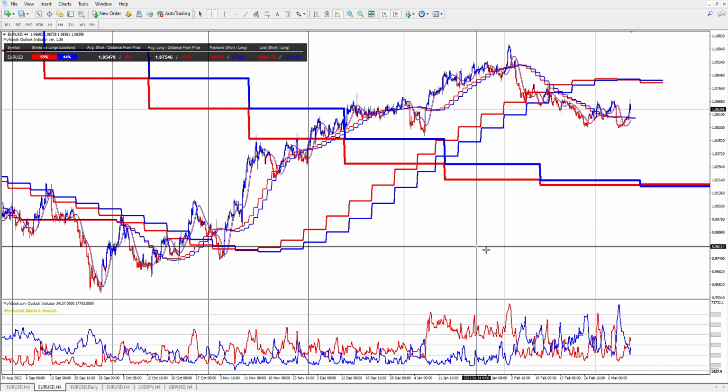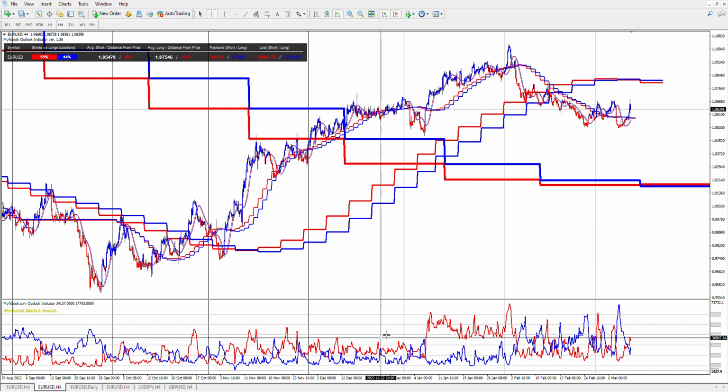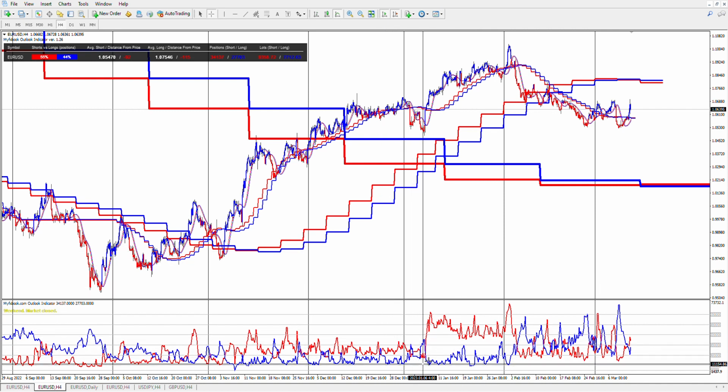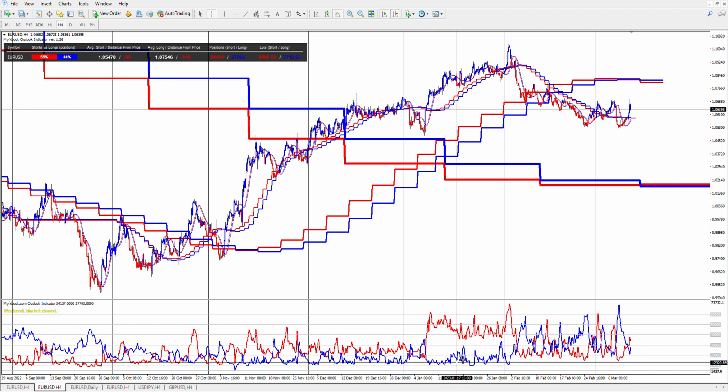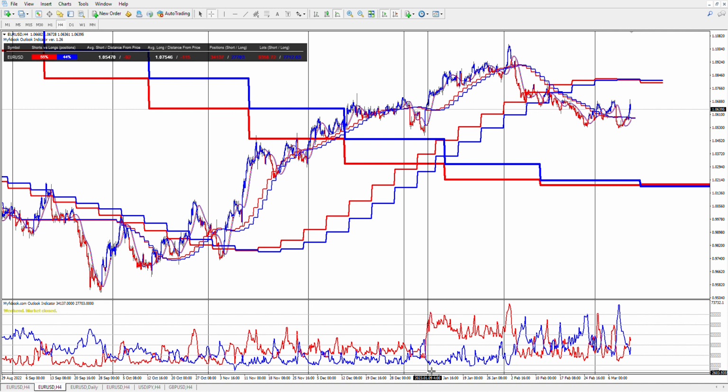If we look closer at the Myfxbook Outlook Indicator, you see that the bulls and the bears have a sort of support. Look here in January, the bulls stayed at a specific level from which they were bouncing up. The blue line is the bulls, bouncing up from this support of 10,000 lots.